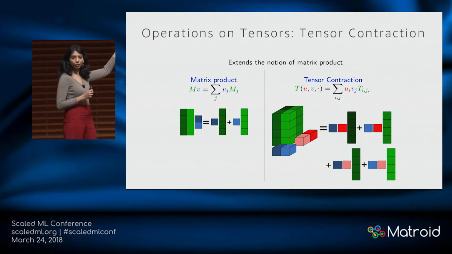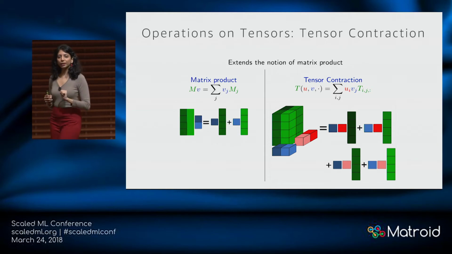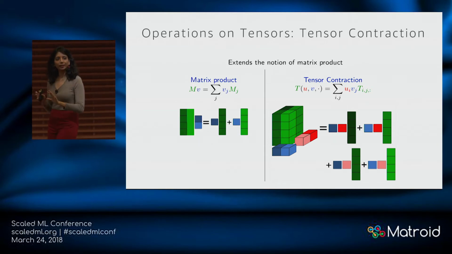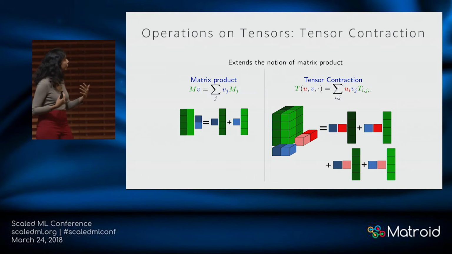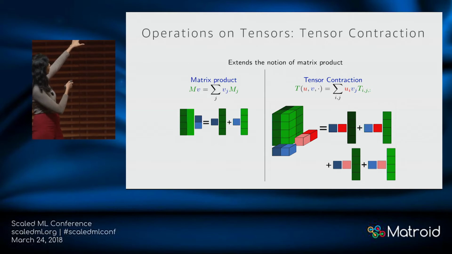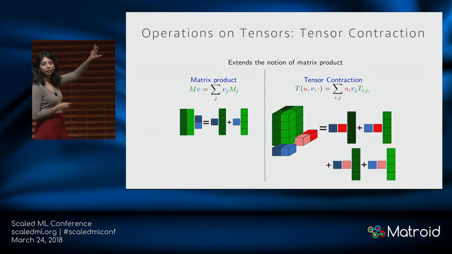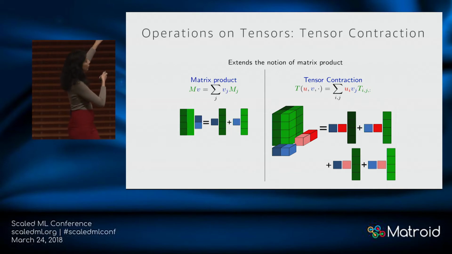How do we do operations on tensors? You can see visually that there is a nice generalization of matrix products to more dimensions. What we want to do with a matrix here is if you multiply a vector on this side, that means we are taking linear combinations of columns. That's a way to think about multiplying a matrix with a vector.